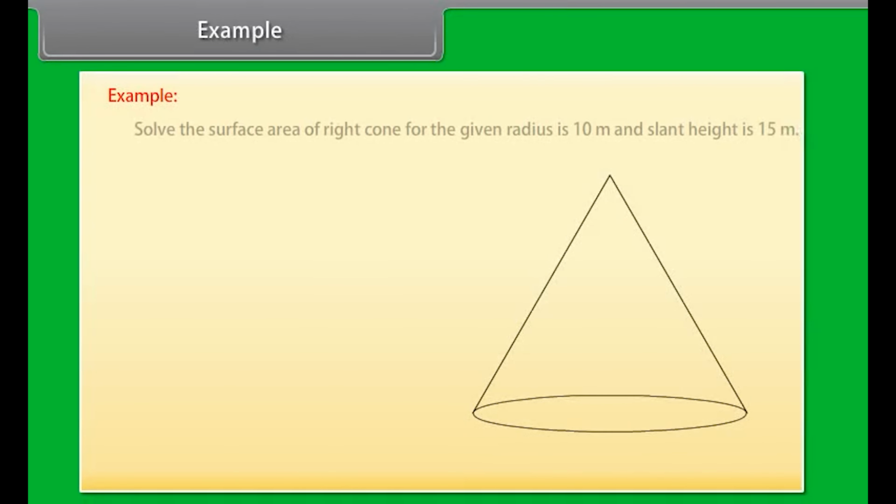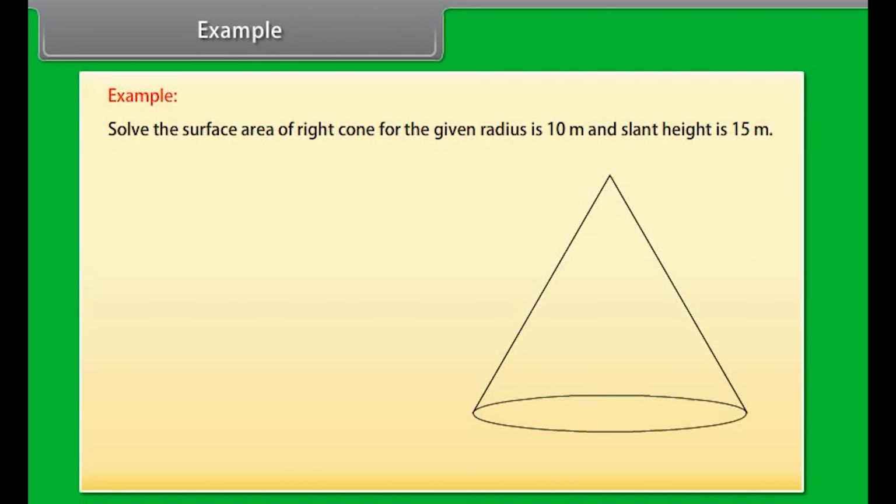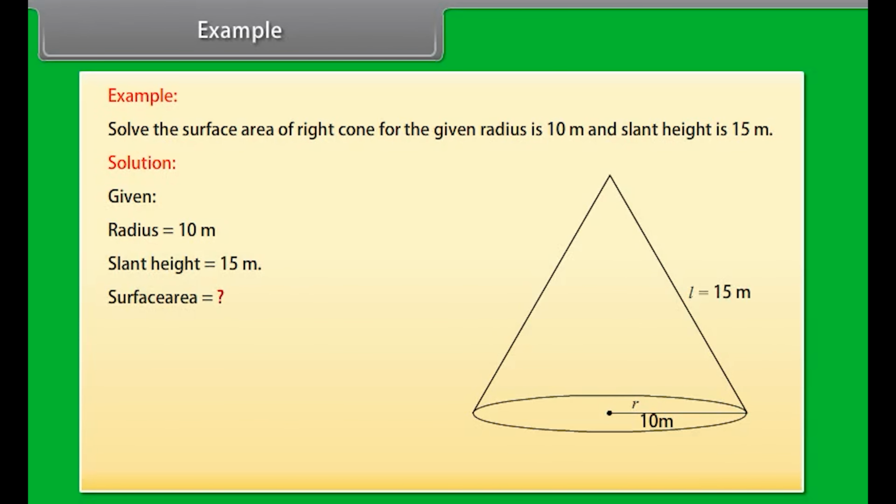Example: solve the surface area of a right circular cone for the given radius of 10 meter and slant height of 15 meter. Solution: radius and slant height, which are 10 and 15 meter respectively, have been given. We have to find the surface area. We know that the surface area of a right circular cone is equal to pi r into L plus r.